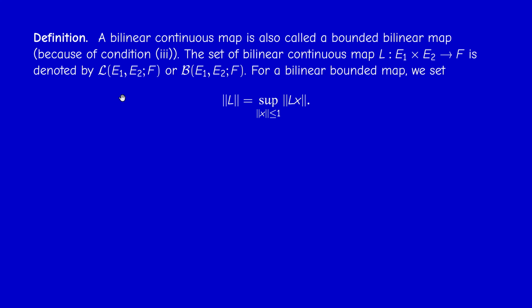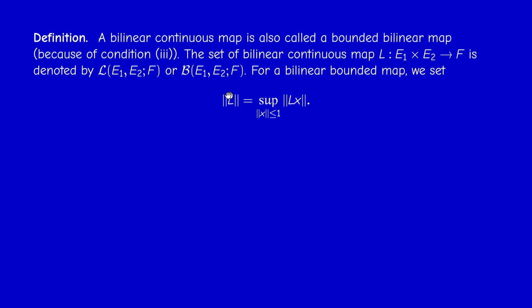And so this is, as you may check, a vector space, because we can define the sum of two bilinear maps. It's a bilinear map, and a multiple of a bilinear map is too, so this space actually is a vector space. It's very easy to check. And now I put a norm on this space, as we did for the case of linear bounded maps.